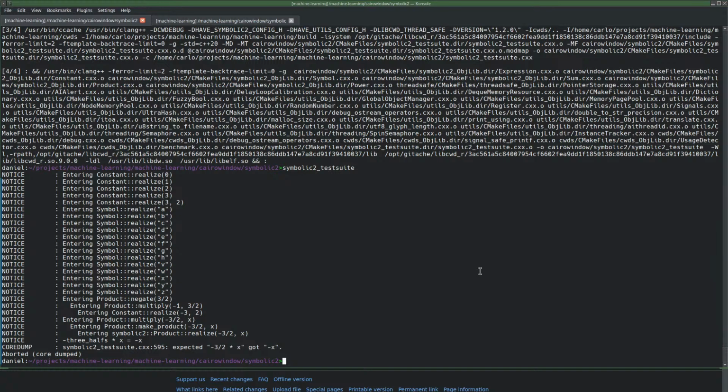Yep, that's it. See, the negative constant is just printed as a minus sign. I think the problem is in the printing.